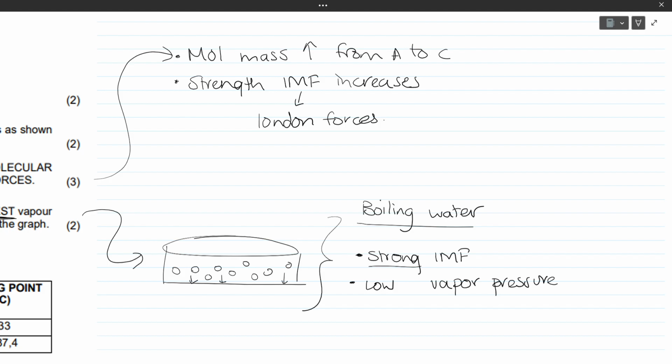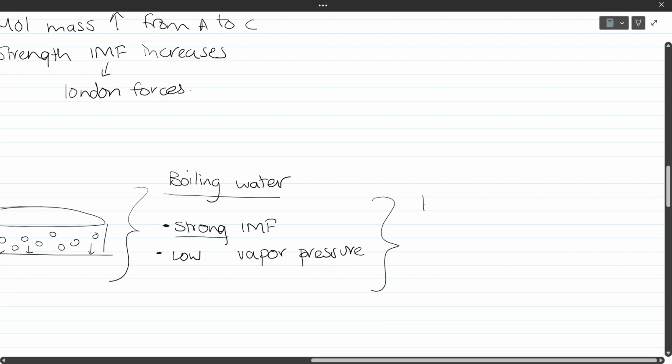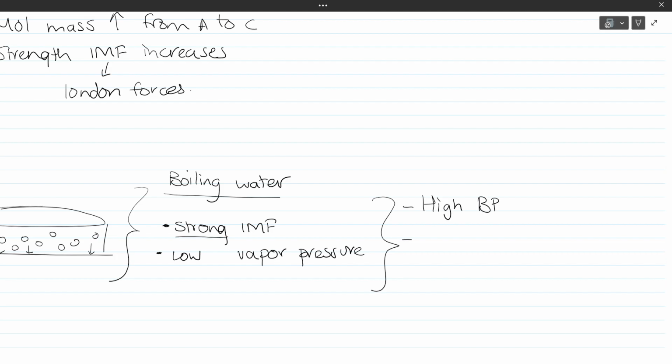So that's the correlation between these two, and that's something we have to remember. The higher the boiling point means that we've got stronger intermolecular forces, and stronger intermolecular forces means you've got a lower vapor pressure.